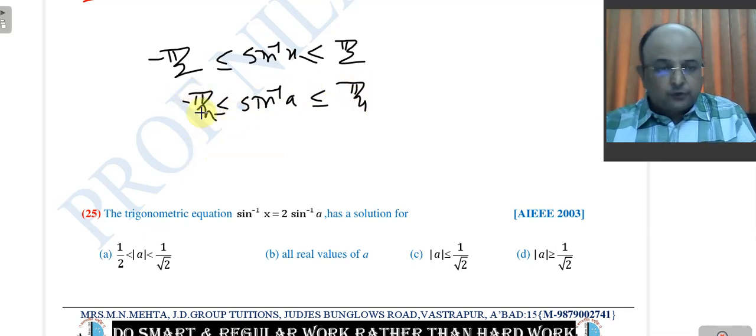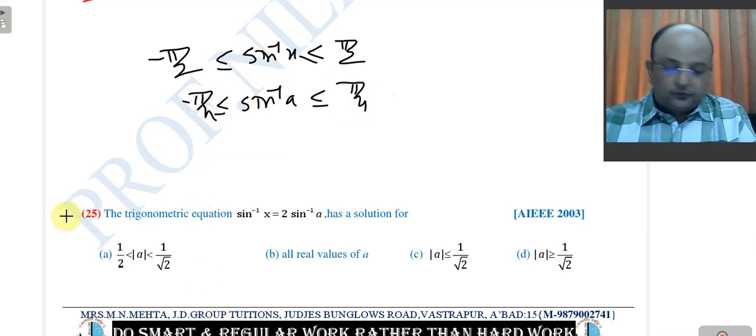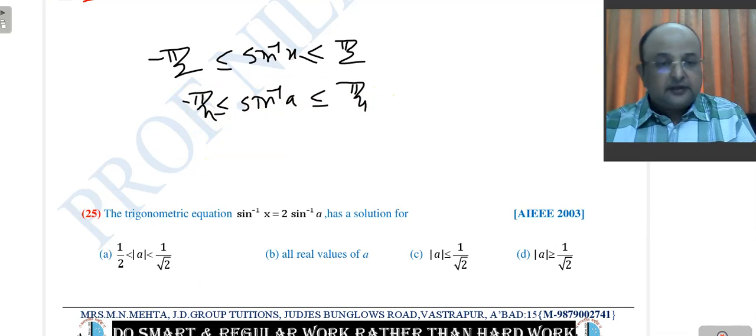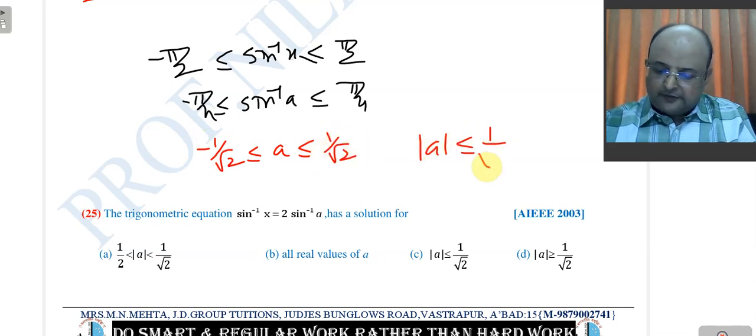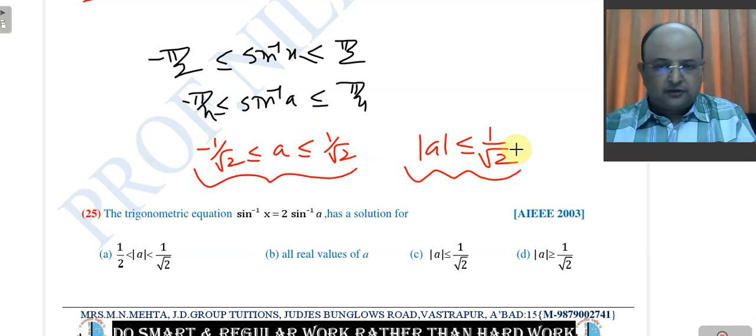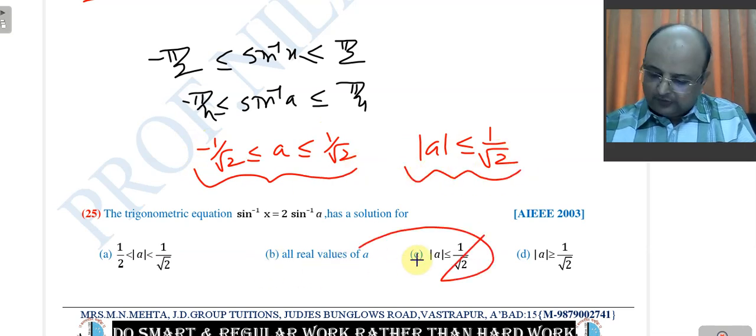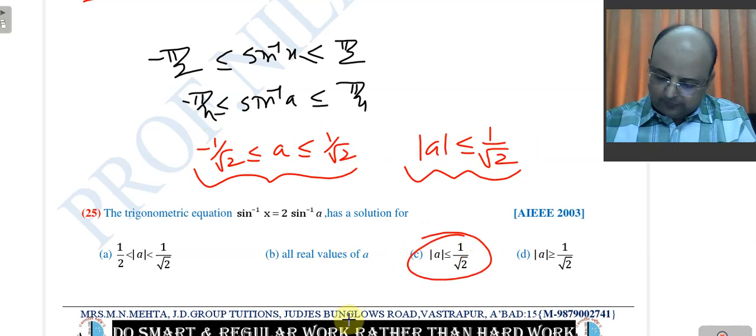In the closed interval minus pi by 4 to pi by 4, sine is an increasing function, so if I apply sine, the inequality is maintained. So sine minus pi by 4 is minus 1 by root 2. Or mod a is less than or equal to 1 by root 2. Either you will be given this. Yes, it is here.